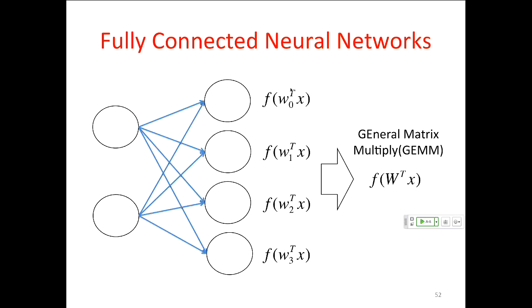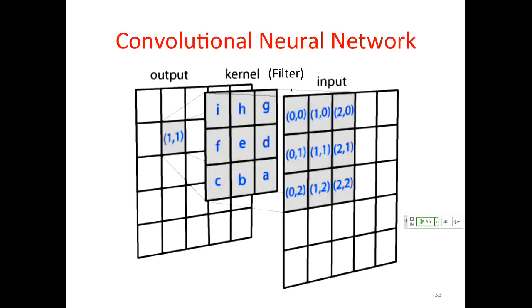It's called general matrix multiply, which is abbreviated as GEMM. Because of this, we can optimize these neural networks very easily. This convolutional neural network is a kind of neural network, but it's somewhat different.